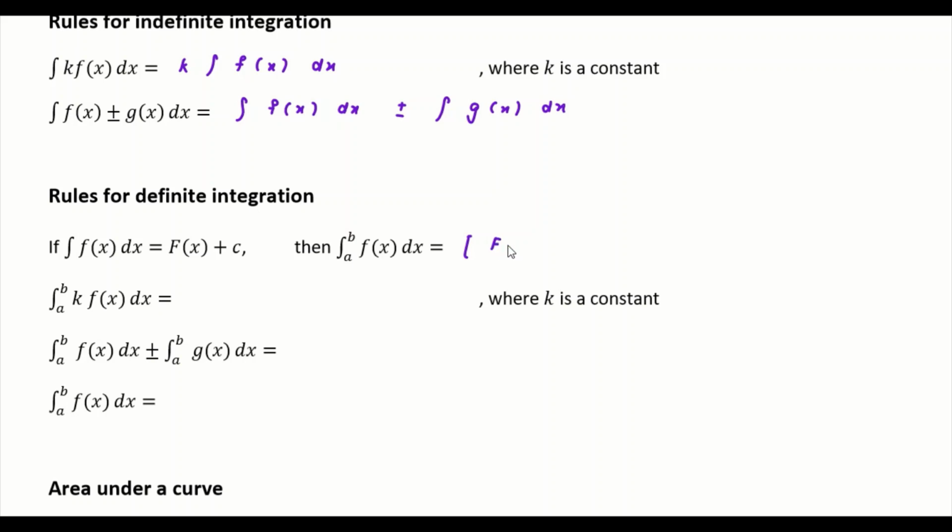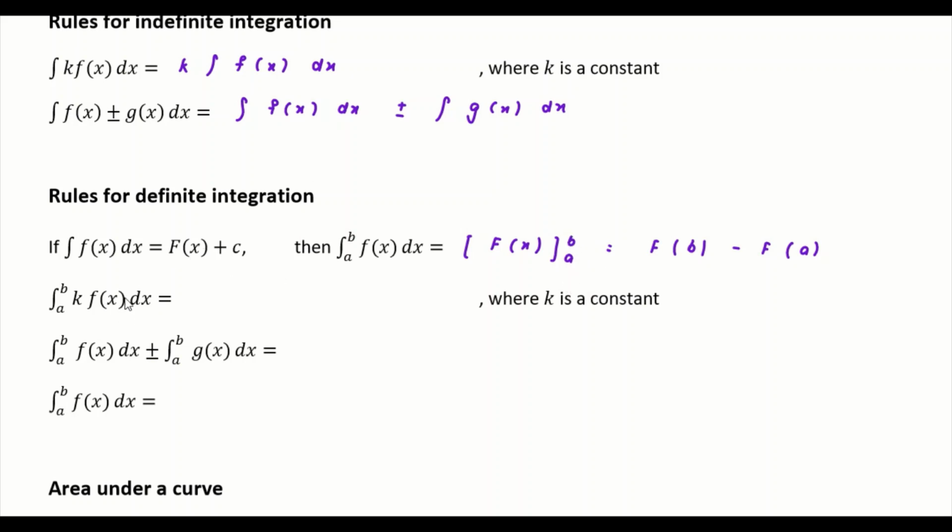This is what we get from the integration. Then we substitute the lower limit and the upper limit, from a to b. Our answer will be the upper limit substituted, so we get f of b, then minus f of a. So we use the bigger one minus the smaller one, the end minus the beginning.